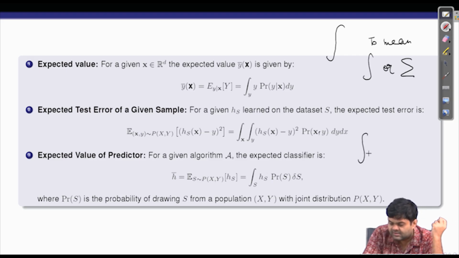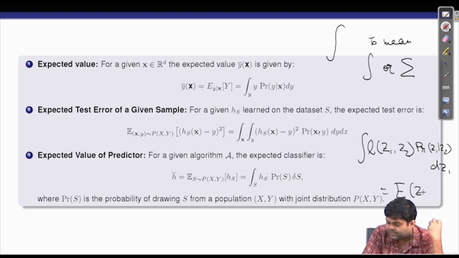The integral of some function L(z1, z2) with probability of z1 given z2, dz1, essentially means the expected value with respect to the conditional distribution of z1, keeping z2 fixed.